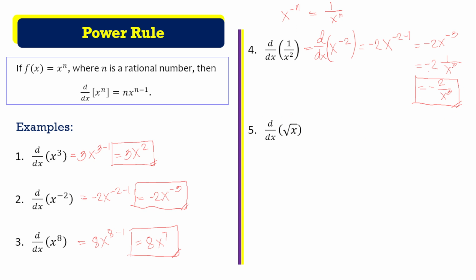Now next, what is the derivative of the square root of x? Using the property of exponent, when you have x raised to m over n, you just need to use a radical, then write the variable x inside the radical symbol. The n will be the index of the radical, and your m will be the exponent of the variable inside the radical symbol.